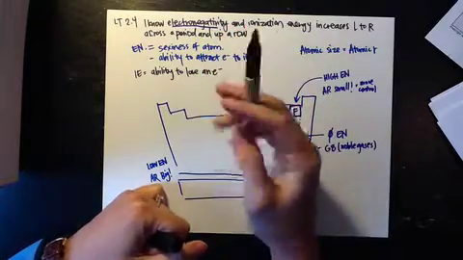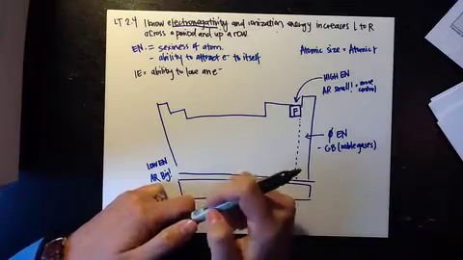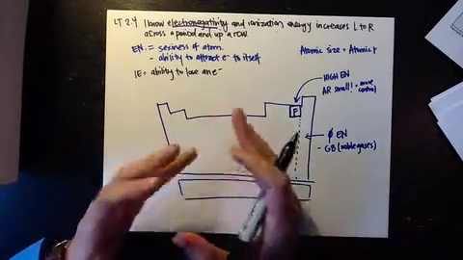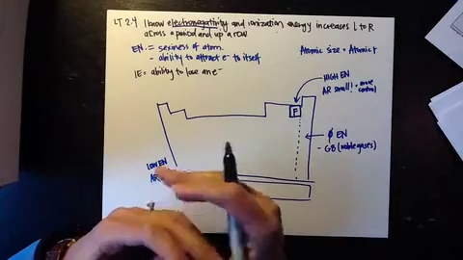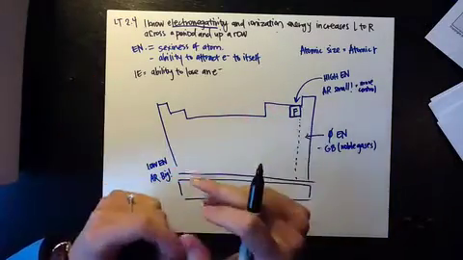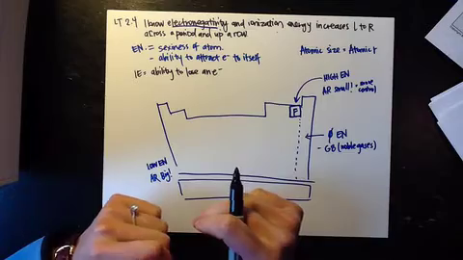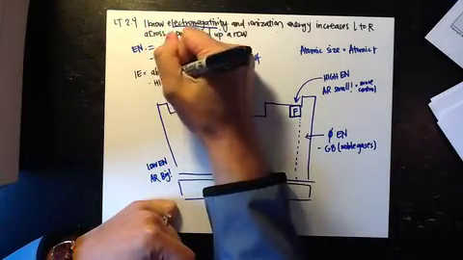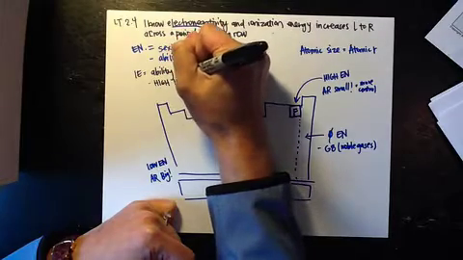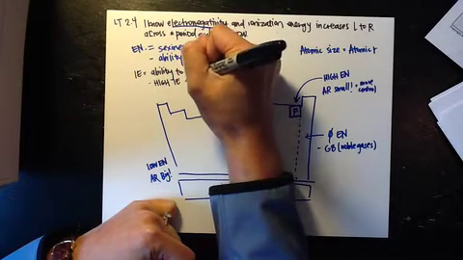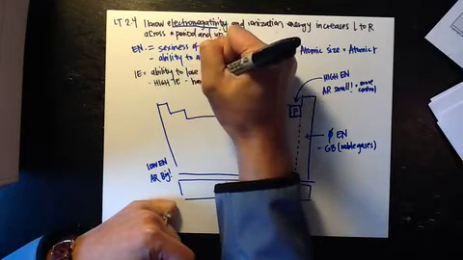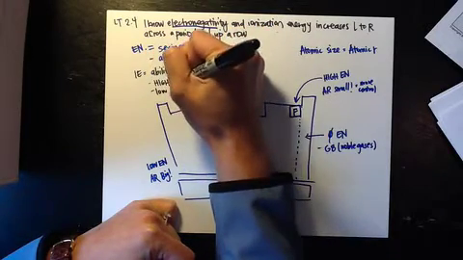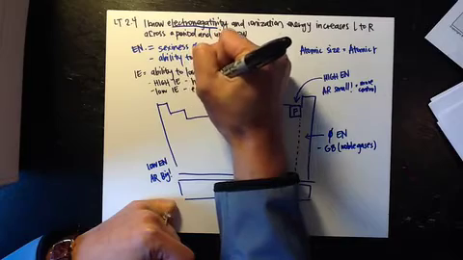I don't have any fancy way of remembering that, but there are different values of ionization energy, and we're just going to focus on the first ionization energy. If you have high IE, that just means it's hard to lose an electron. And if you have low IE, it's easy to lose your electrons.